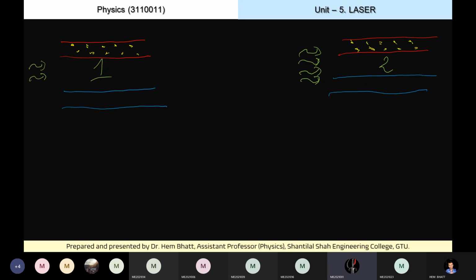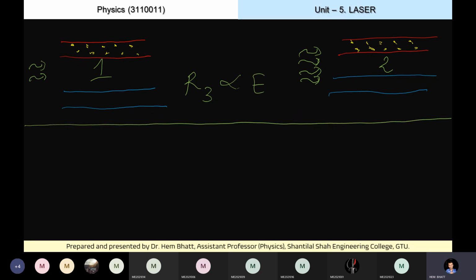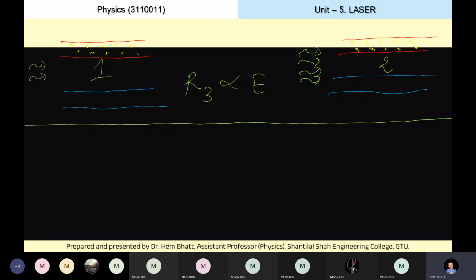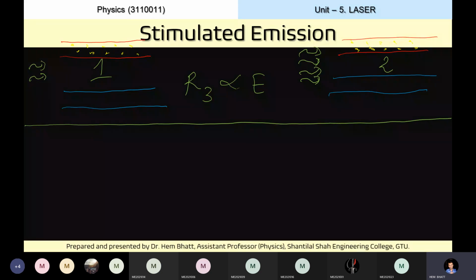Second. So I can say that the rate of stimulated emission, that is R3, depends on how much energy you are providing. If you provide more photons, more electrons will come from excited state to ground state. If we don't provide energy, there is no stimulated emission. So the first condition for stimulated emission is that you provide energy.